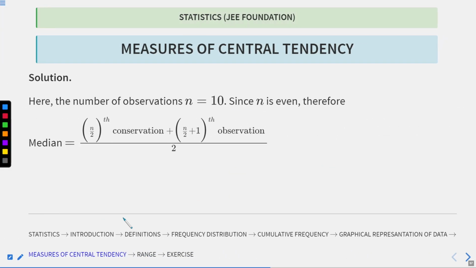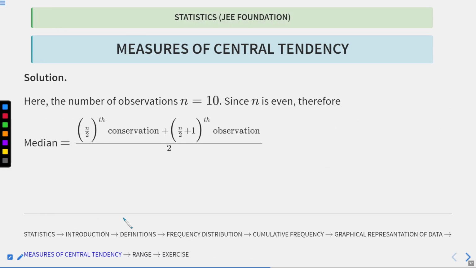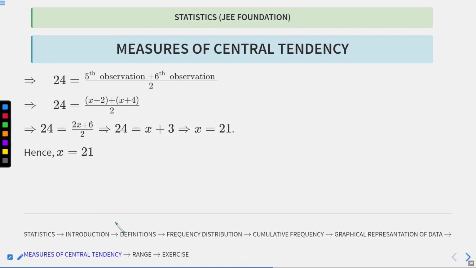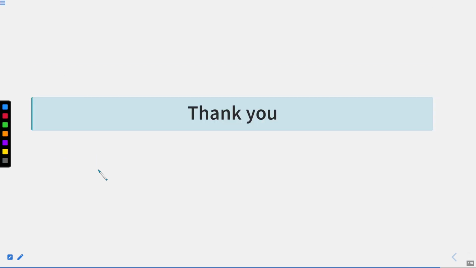So the value of x is 21. I hope this cleared your understanding of the mean concept and the median concept. In the next class we will be discussing the remaining topics. Thank you for now.